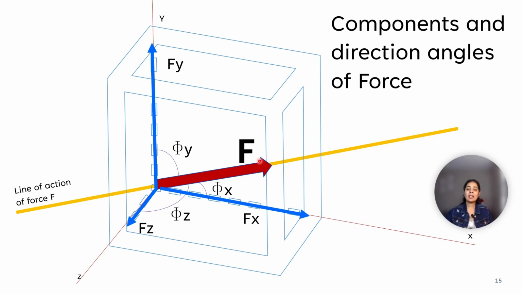Forces are frequently represented in the form of unit vectors and force components. Here, Fx is the force component along the x direction. Fy is the component of force F along the y direction, and Fz is the z component of the force F in the z direction.